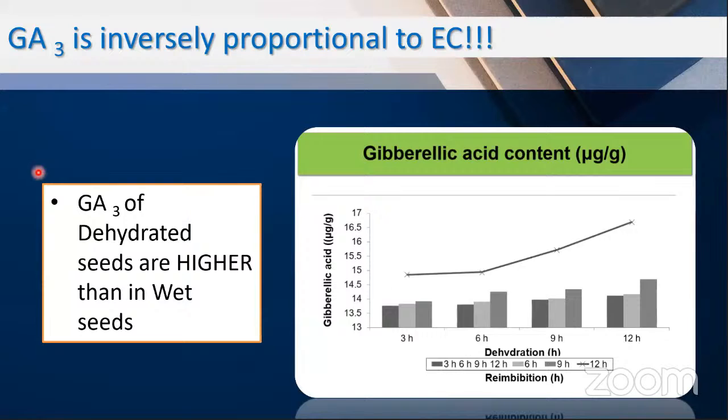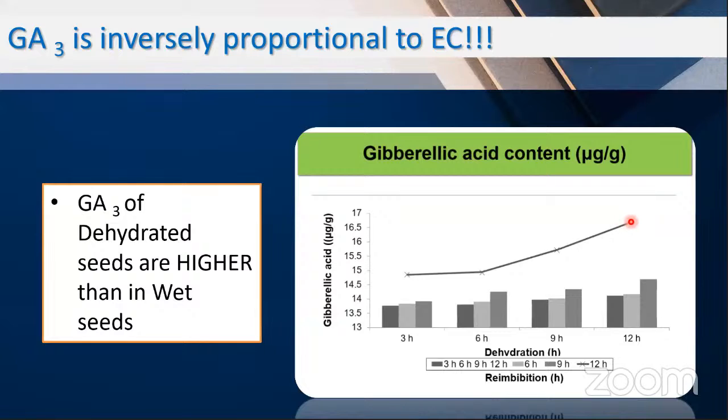Then gibberellic acid. You see, as the seed dehydration progresses, the ability of the seed to synthesize gibberellic acid also increases. As the vigor level increases, more gibberellic acid is also synthesized.